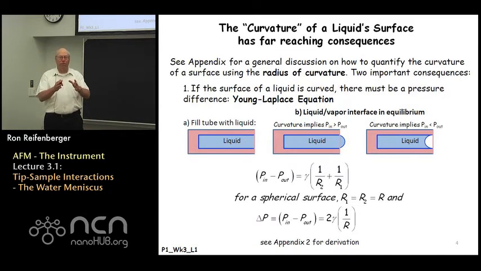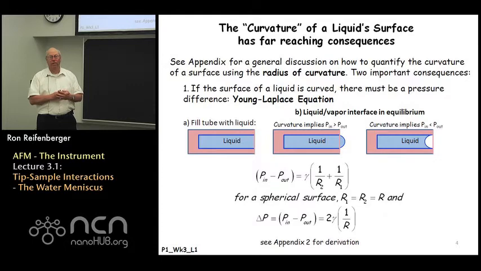But the basic point is that if the liquid surface has a flat interface between the vapor and the liquid, that implies that the pressure inside the liquid is equal to the pressure outside the liquid. If the pressure inside the liquid is greater than the pressure outside the liquid, then the liquid vapor interface acquires a curvature, as I've shown in the middle diagram. And if the pressure of the liquid is less than the pressure of the vapor, right?